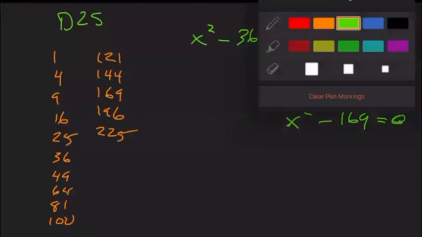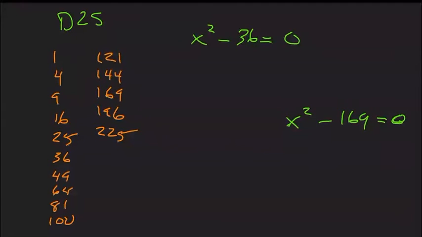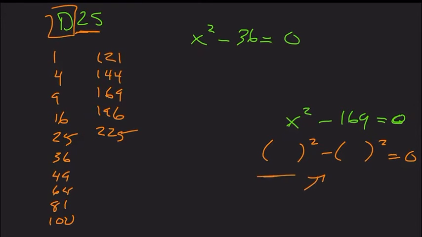So when we're solving by difference of two squares, remember we need to factor into this form. Something squared minus something squared equals 0. And again, the name tells you that. Difference means subtraction. We have subtraction. Our difference of two squares. We have two perfect squares. A difference of two squares, the name tells you exactly what it is.